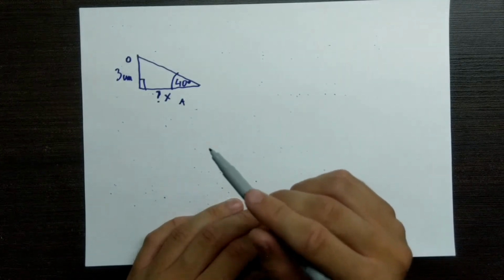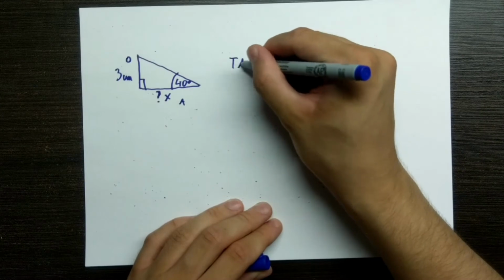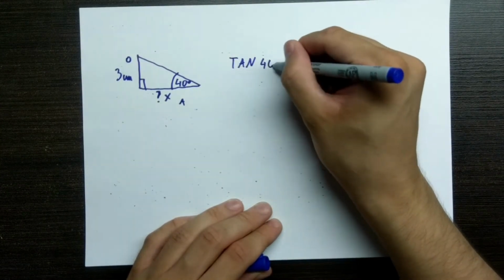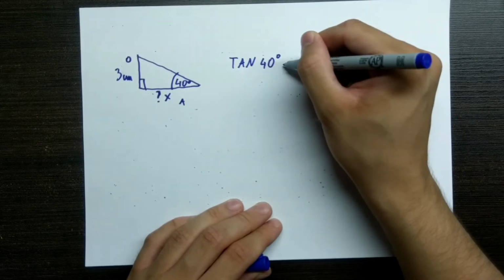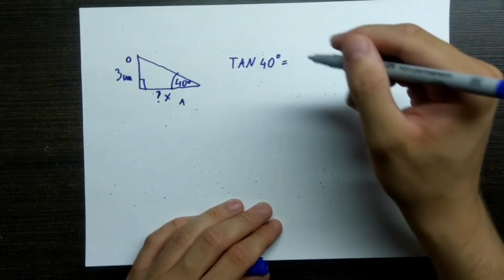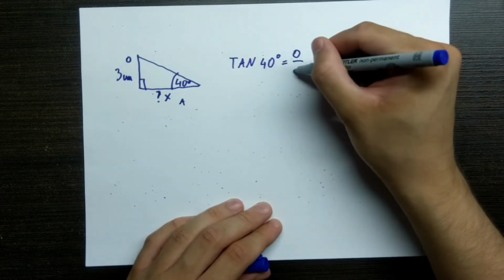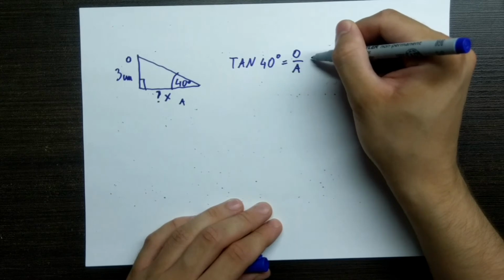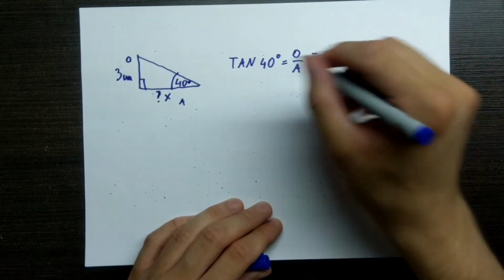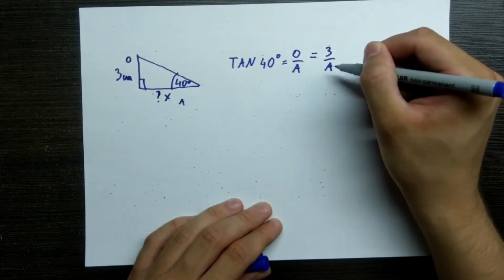Well, tan of 40 degrees is equal to opposite divided by adjacent, which is equal to opposite 3 divided by adjacent.